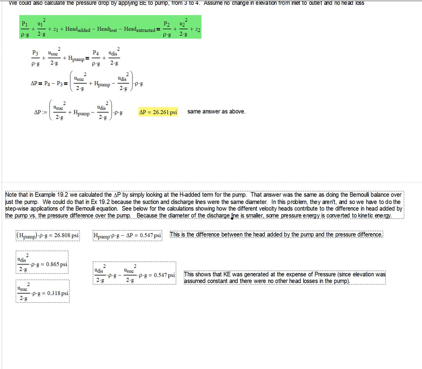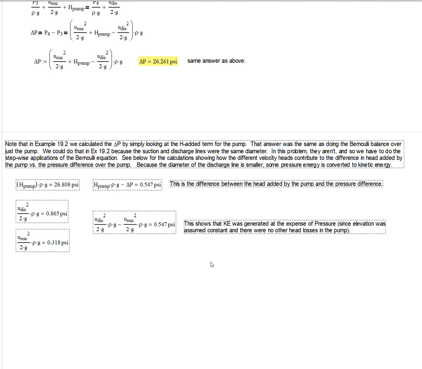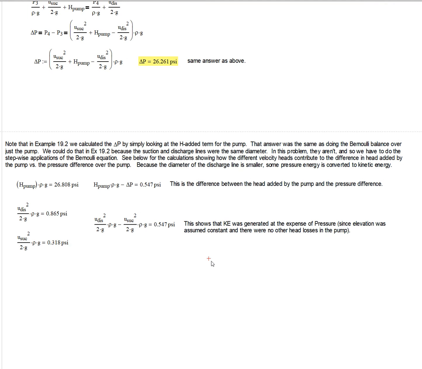And finally, one of the last things I want to say about this problem is we did this a little bit differently than the simple problem that we did earlier, where number one, we did not calculate head losses due to friction. And number two, that earlier problem had the discharge line and the suction line with the same diameter.